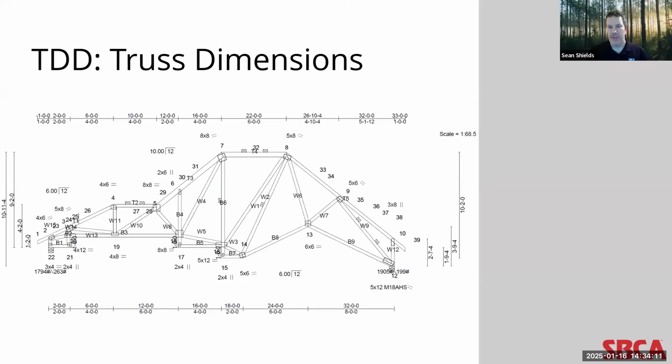Now, another measurement that you will typically see in the areas on the left and on the right are the heel heights. The heel height is the vertical distance between the bottom of the truss at the bearing and the top of the truss top chord.